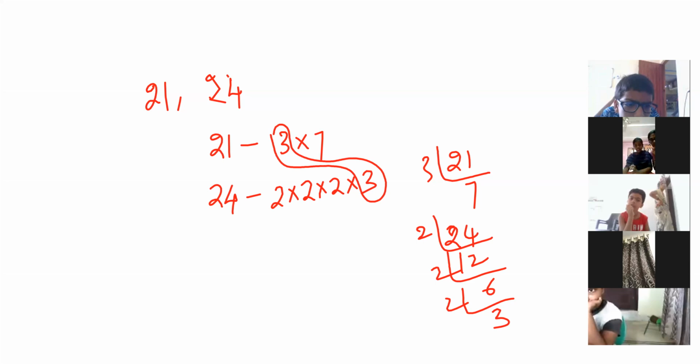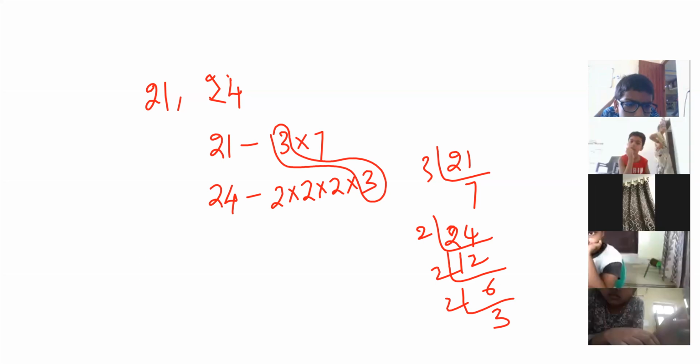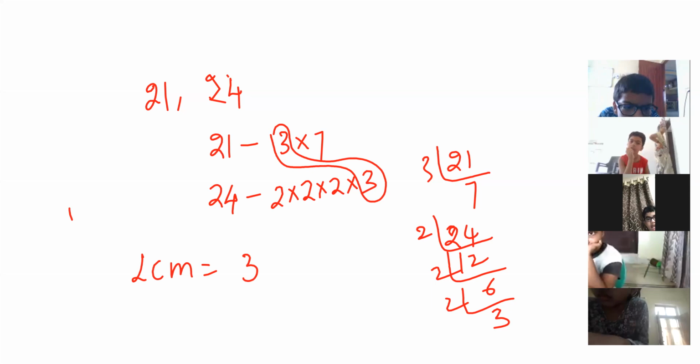In the same manner, for finding out LCM also, you have to circle the common factors first. After that, let us take that number first. Actually, HCF of 21 and 24 is what? Here itself you have confirmed that 3 is the HCF of 21 and 24. Right?